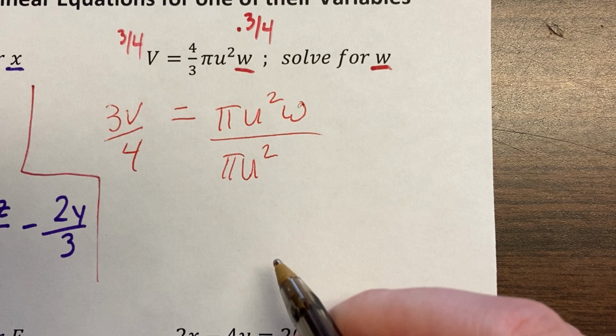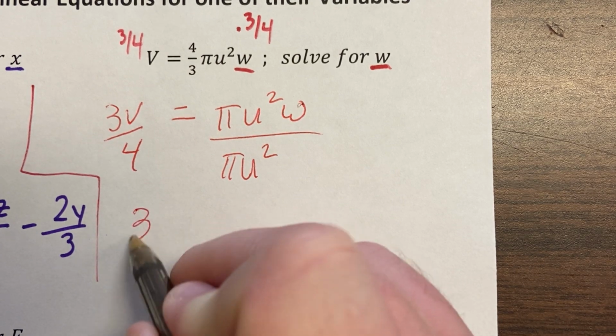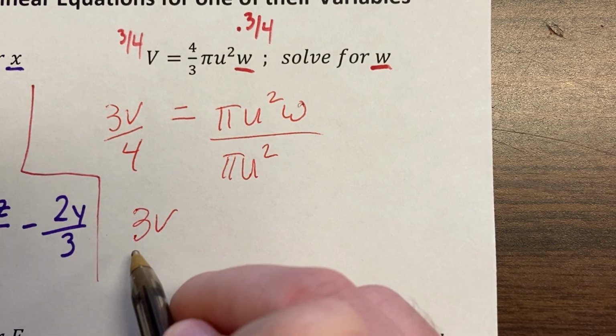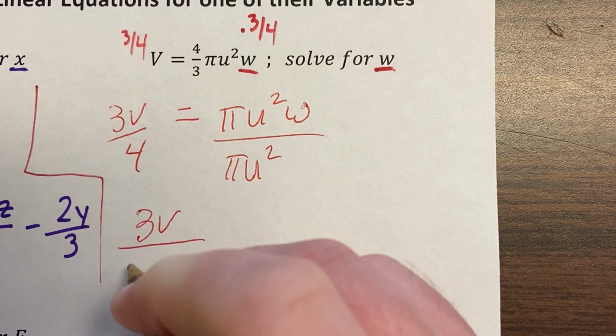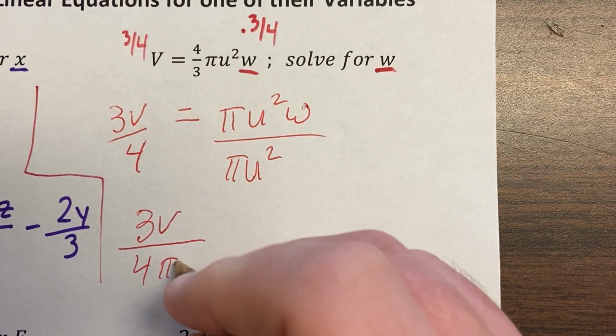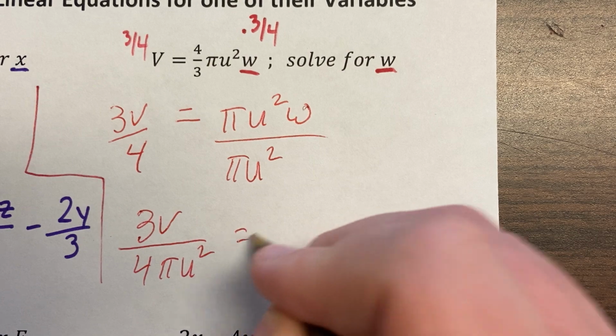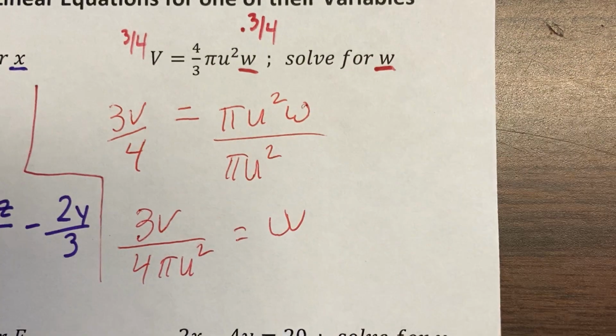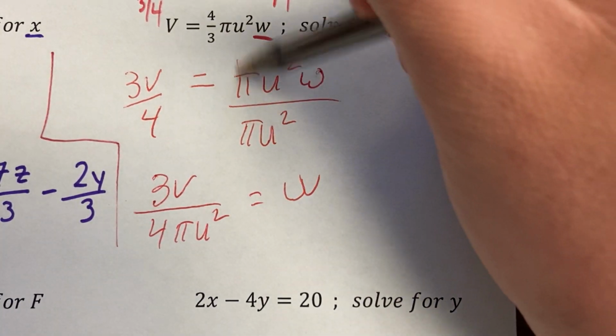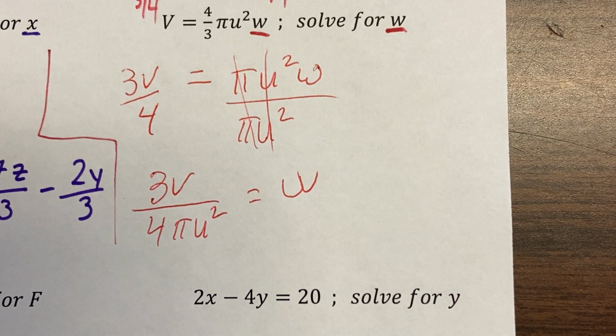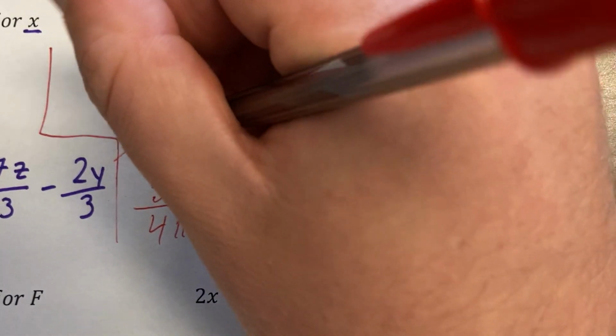So when I divide the left side by pi u squared, we've got 3v, but now the pi u squared goes in the bottom with the 4. And again, when we divide that off, we're just left with the w, which is exactly what we wanted there.